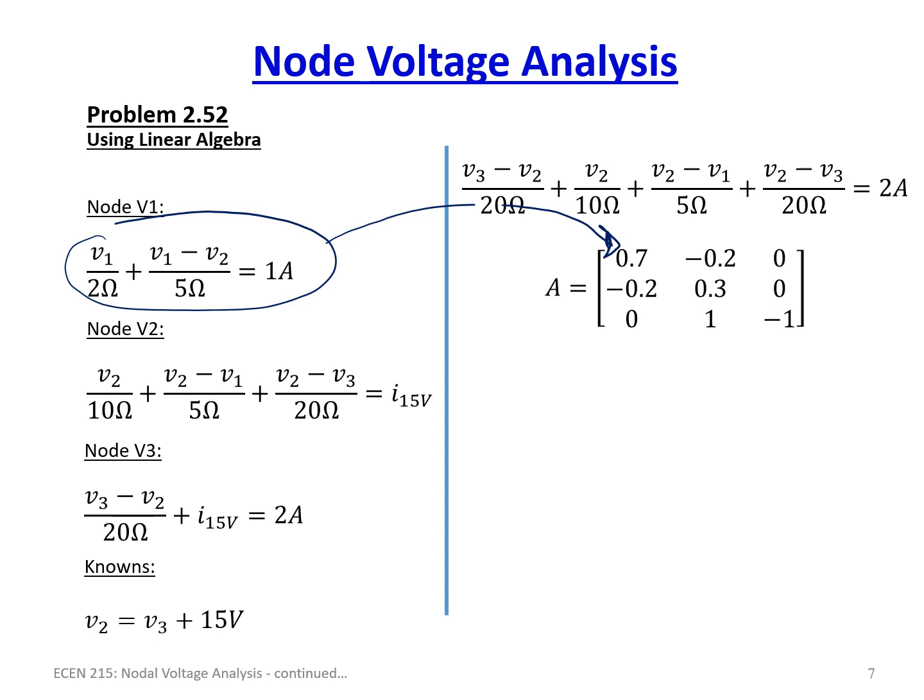That is your 1/2, 0.5 plus 0.2, which would be this part here. These two parts here lead to the 0.7. Then this term here, 1/5, gives us the minus 0.2. There is no V3, so that's why that's 0.